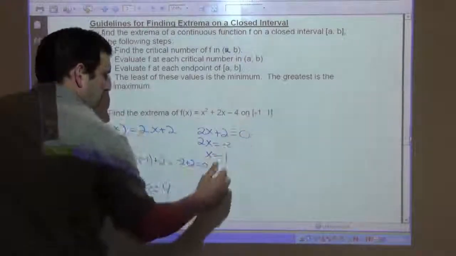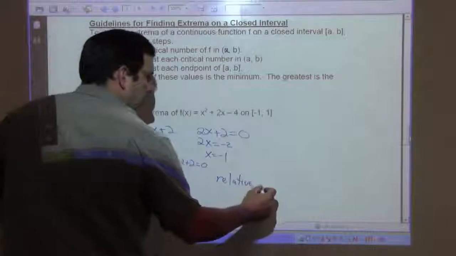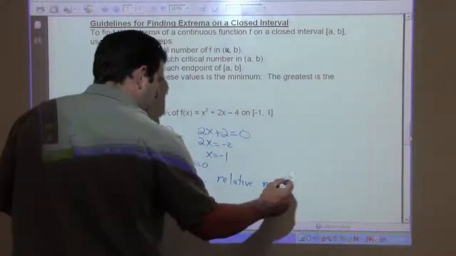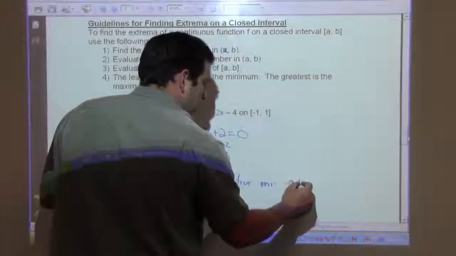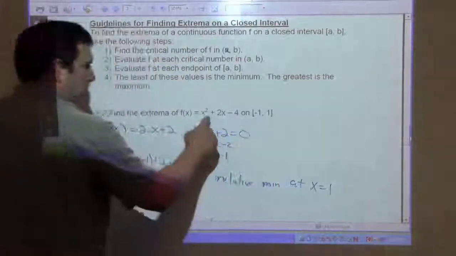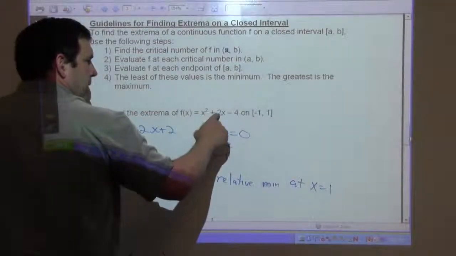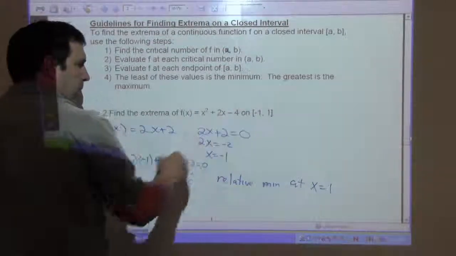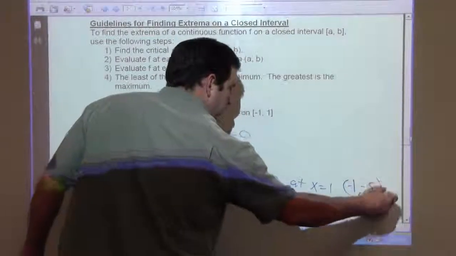So on the interval, we have a relative minimum at x equals negative 1. And that corresponds to negative 1 squared is 1, plus 2 times negative 1 is negative 2, minus 4, that's going to be negative 5. So we have negative 1, negative 5.